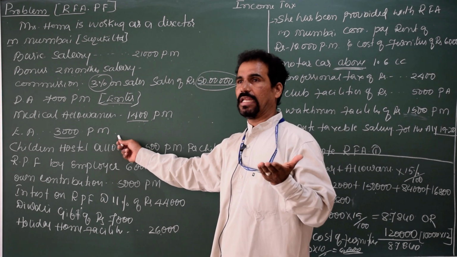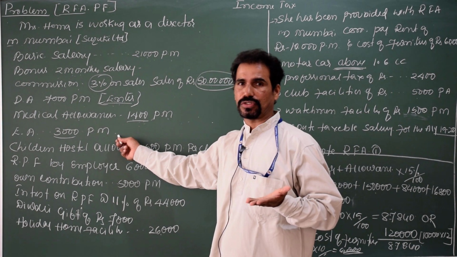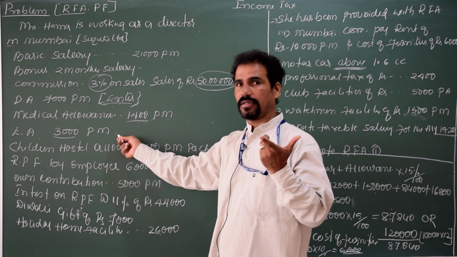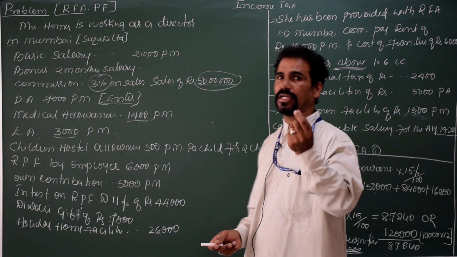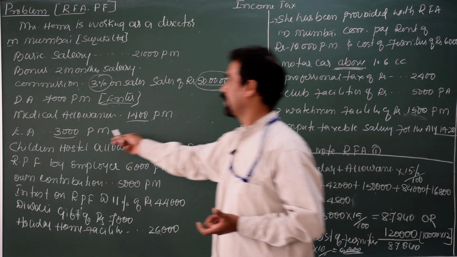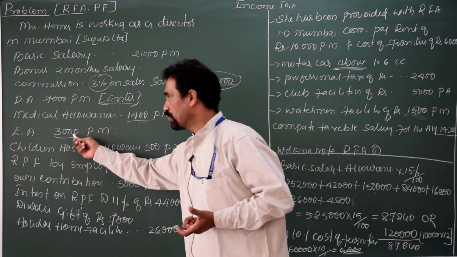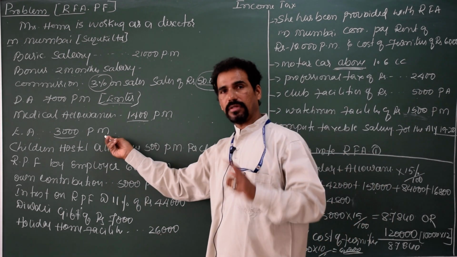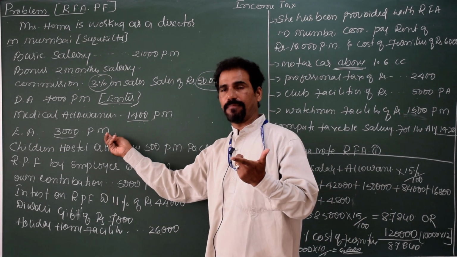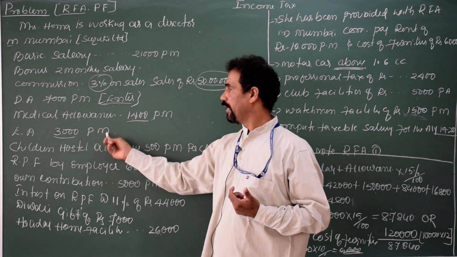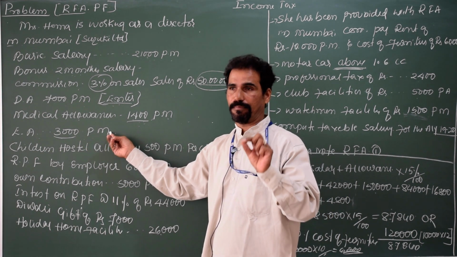Private employees may also receive the benefit, but there is no deduction under the head of standard deductions, section 16, clauses 1, 2 and 3. Whatever amount is given, you should add to the gross salary. After the gross salary, it should be deducted as standard deduction under section 3. It is only for government employees.